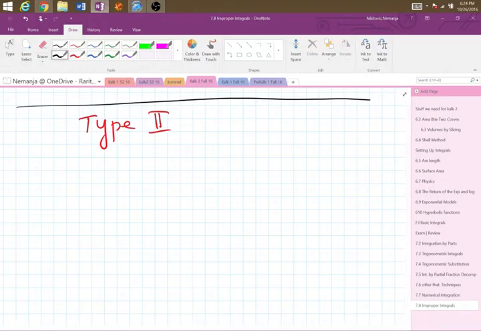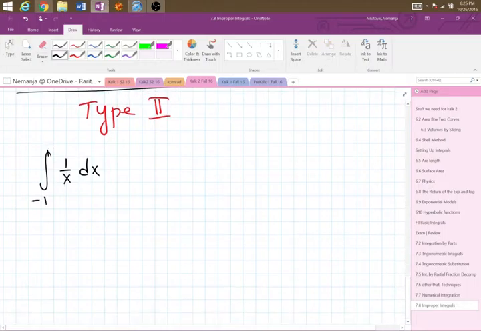Now we get to a problem where we say, what's the integral of 1 over x dx if we go from -1 to 1?